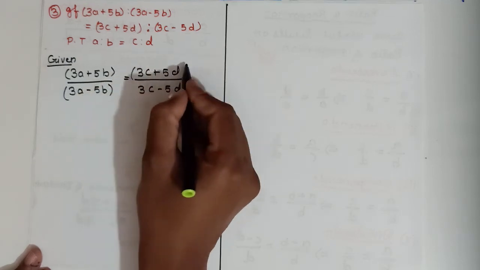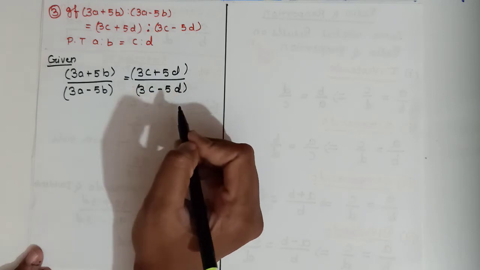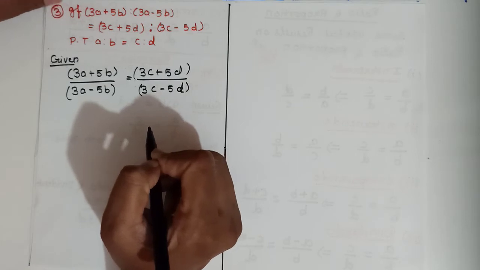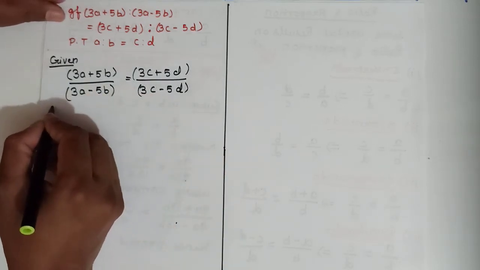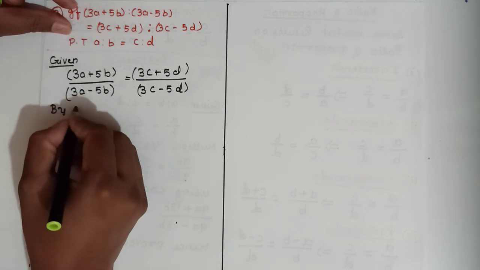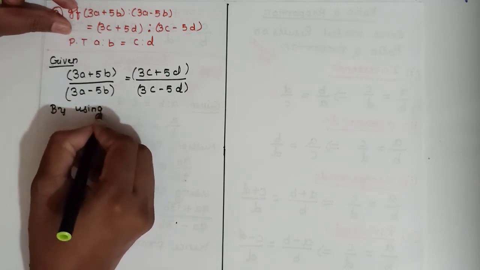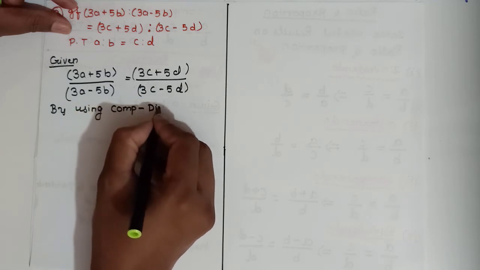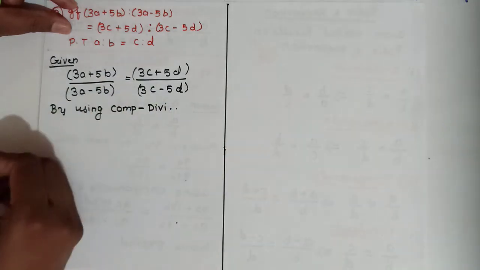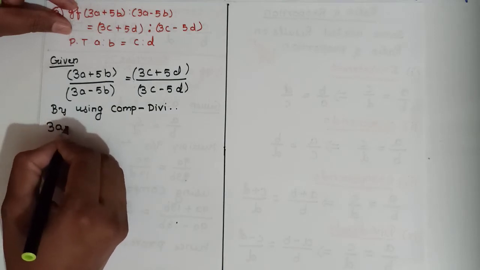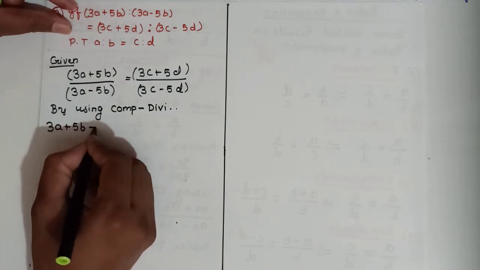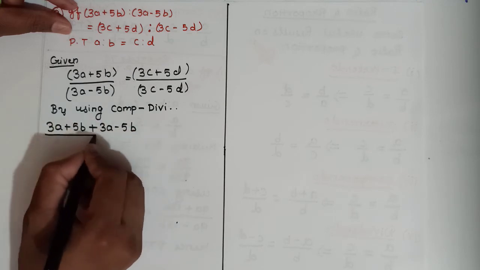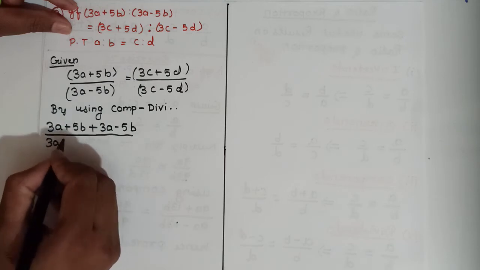Now here again we will apply our componendo dividendo property one more time. So let's apply our componendo dividendo property. So by using componendo dividendo, okay, 3a plus 5b plus 3a minus 5b divided by 3a plus 5b minus 3a minus 5b.